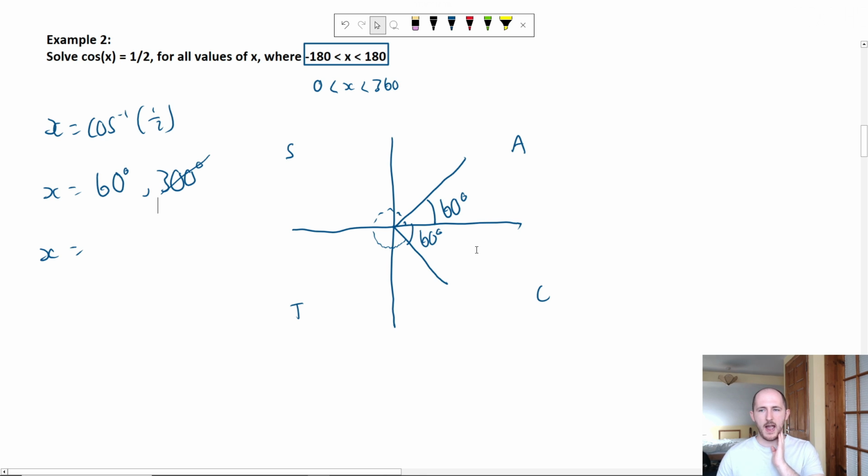So now, how do you think I can get negative values? Well, what I'm going to do is I'm going to erase, hopefully not the whole thing, this part here. So I've erased that. It's typical, isn't it? There we are.